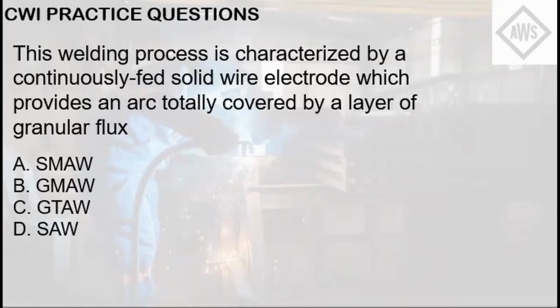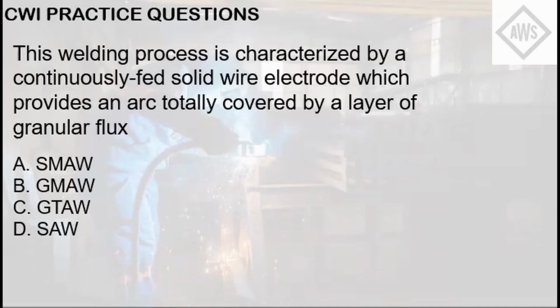GMAW, while it has a continuously fed solid wire, does not have a granular flux. Letter C, GTAW, does not have a continuously fed solid wire. It has a tungsten electrode with filler metals that you have to fuse to the base metal.